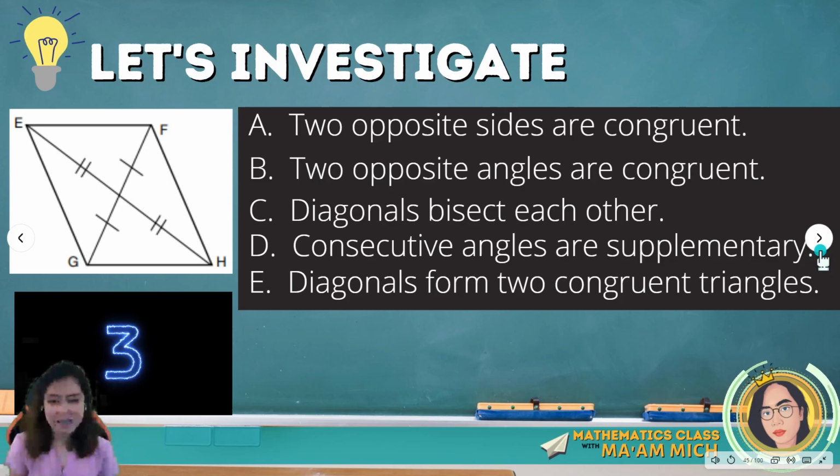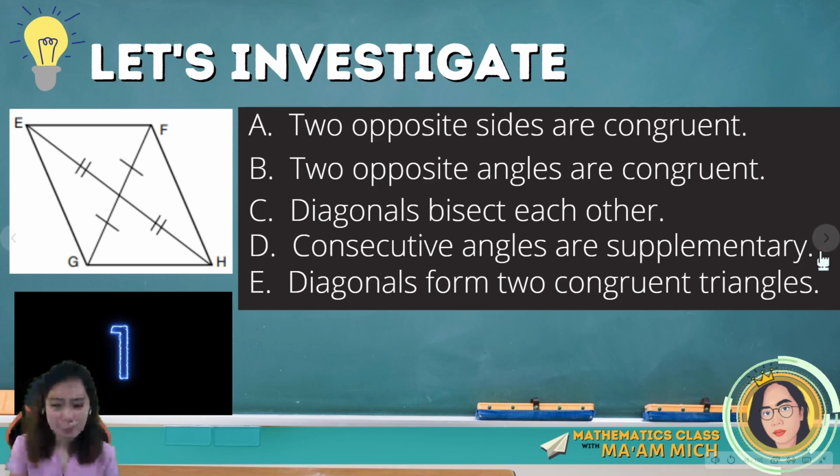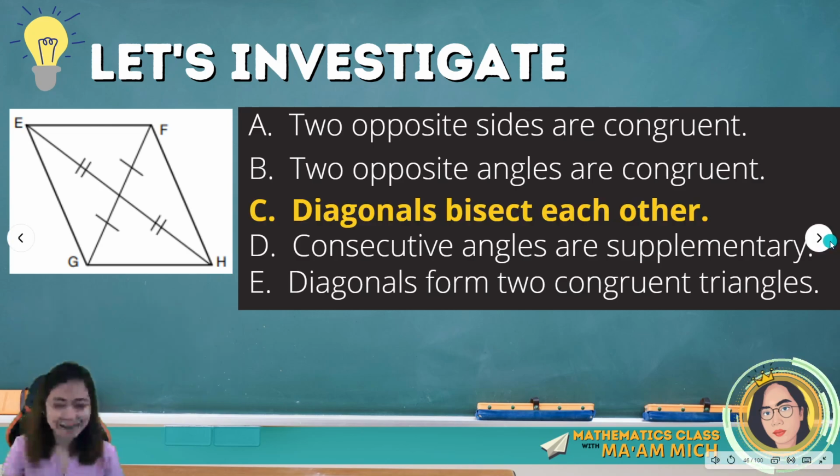Next, the last illustration. Is it A, B, C, D, or E? Let's proceed. Okay, good work. We have diagonals bisect each other. As you can see, again, we have here the symbol for congruency.